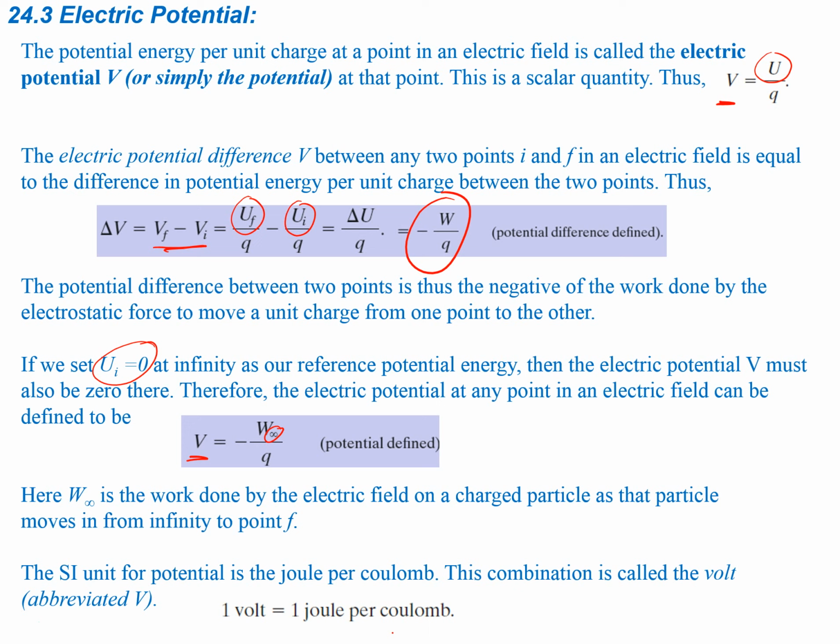All right, the SI unit for potential is the joule per coulomb. This combination is also called a volt. Right? So we measure our electric potential with a volt, and it's just 1 joule divided by a coulomb.